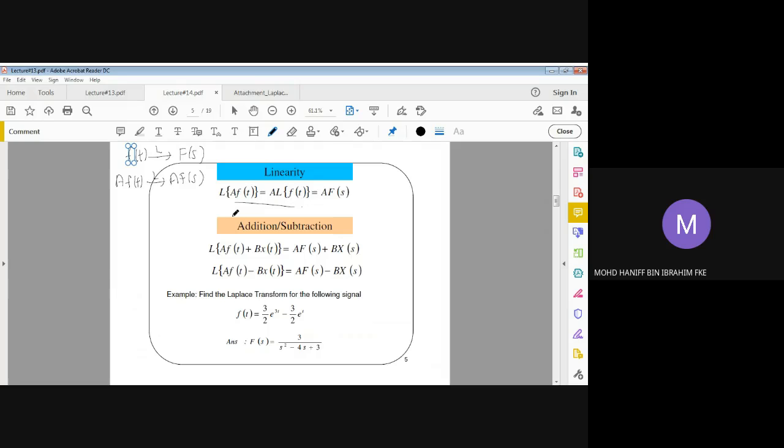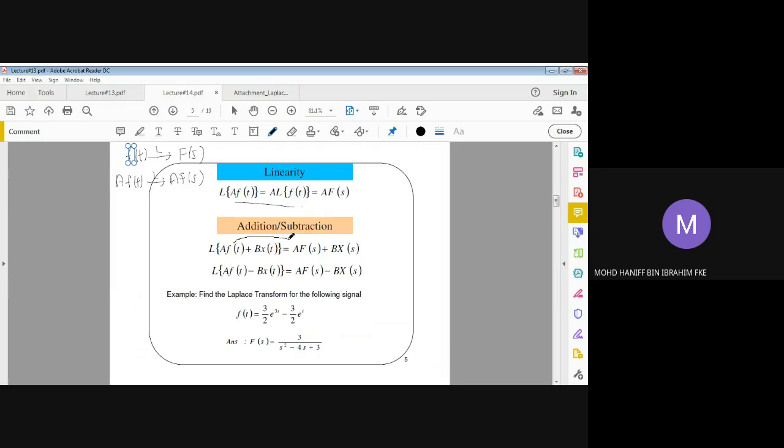The second property is addition and subtraction. If we have addition of functions in time domain, for instance a f(t) plus b x(t), then in the s domain it will be a F(s) plus b X(s).